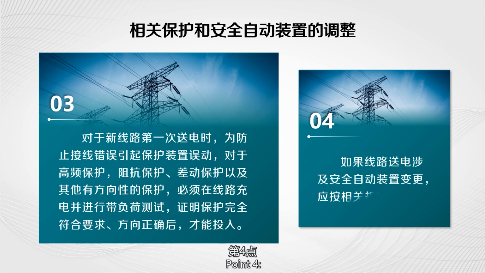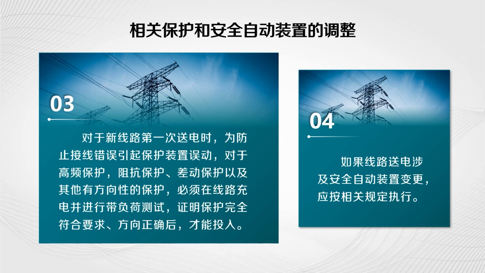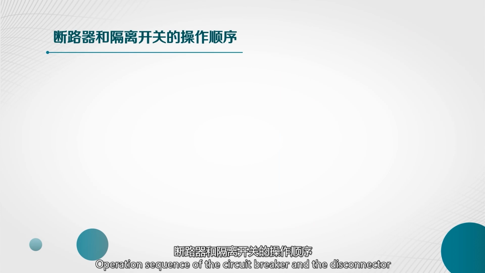Point 4. If the power transmission of the line involves change to safety automatic devices, relevant regulations should be followed. The 4th aspect: operation sequence of the circuit breaker and the disconnector.